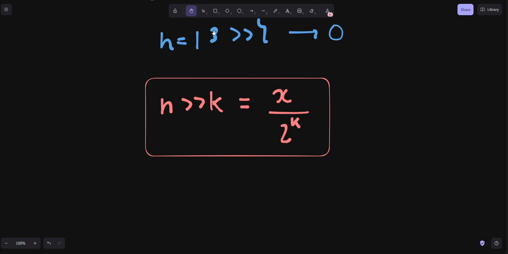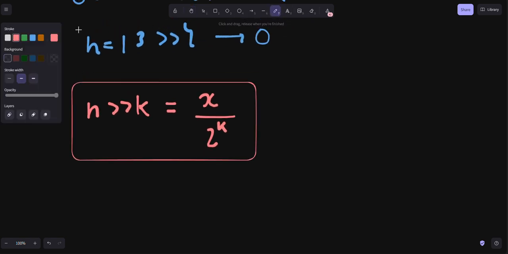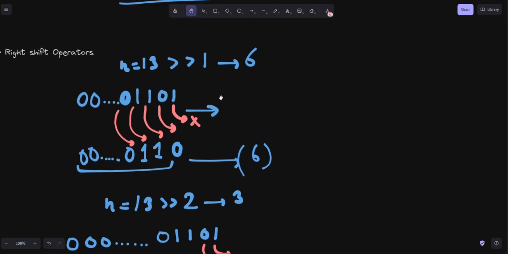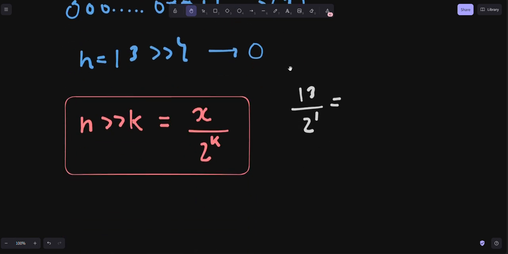We can also confirm this by seeing that we had 13, and if 13 was shifted by 1, what did it give? 6, right?